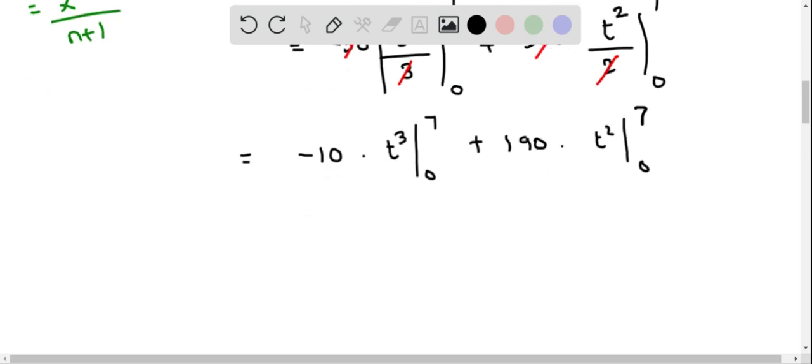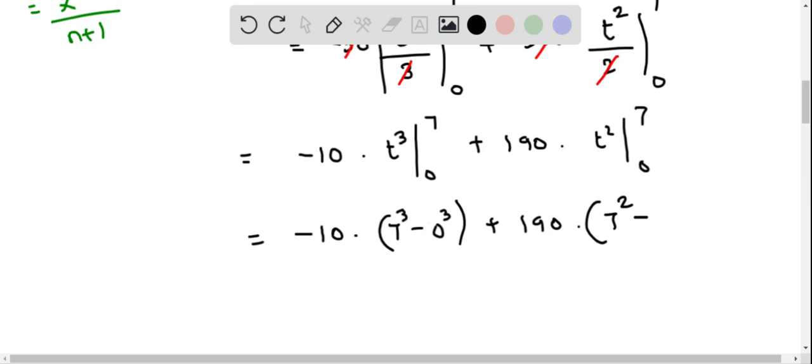Now I'm going to apply the upper limit as well as the lower limit in both integrals. This becomes negative 10 times 7 cubed minus 0 cubed, and similarly 190 times 7 squared minus 0 squared.